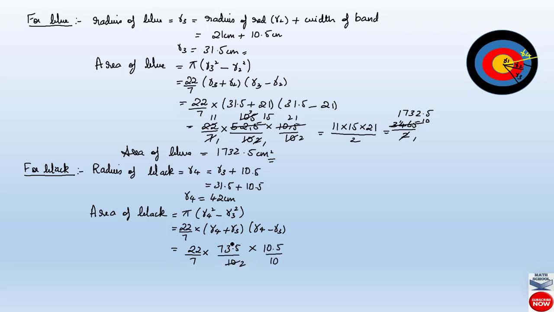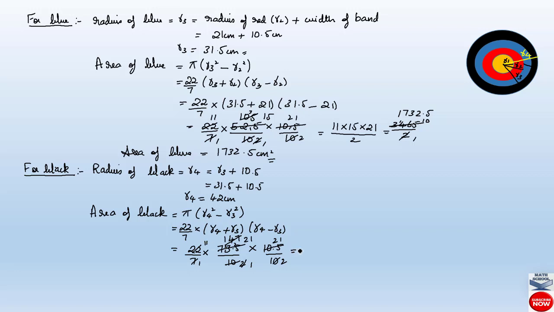Cancel, 5 2s are 10, 5 1s are 5, 5 4s are 20, 5 7s are 35, now again we can cancel here 7, 7 1 times, 7 2s are 14, so 2 1 times and 2 11 times.